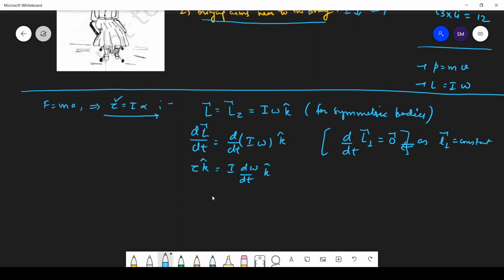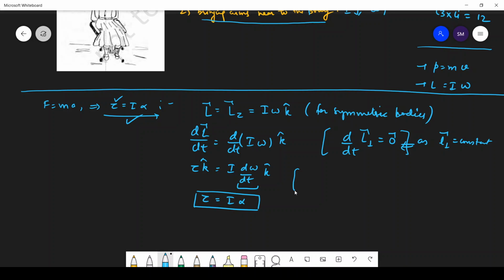Okay, and that's equal to tau is equal to I into this d omega by dt, which is alpha. So both are along the same direction, so this is the magnitude. So that's my ultimate equation.